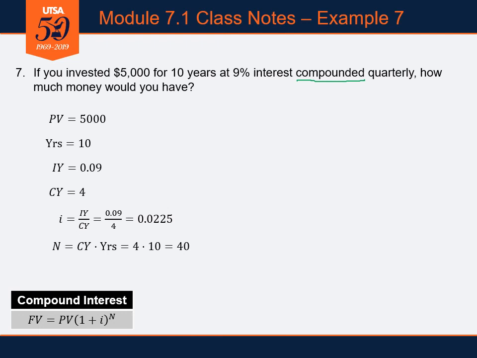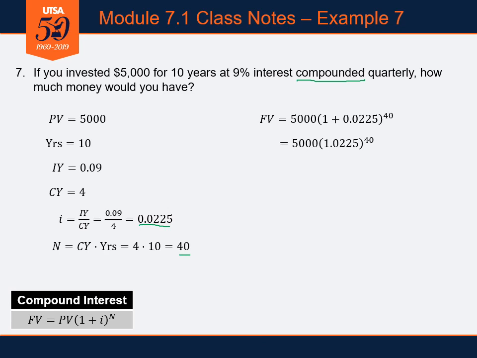So this 0.0225 that we're compounding every time we compound, and we do that a total of 40 times. We use that in our compound interest formula, and we have 5,000 times 1 plus 0.0225 raised to the 40th power.